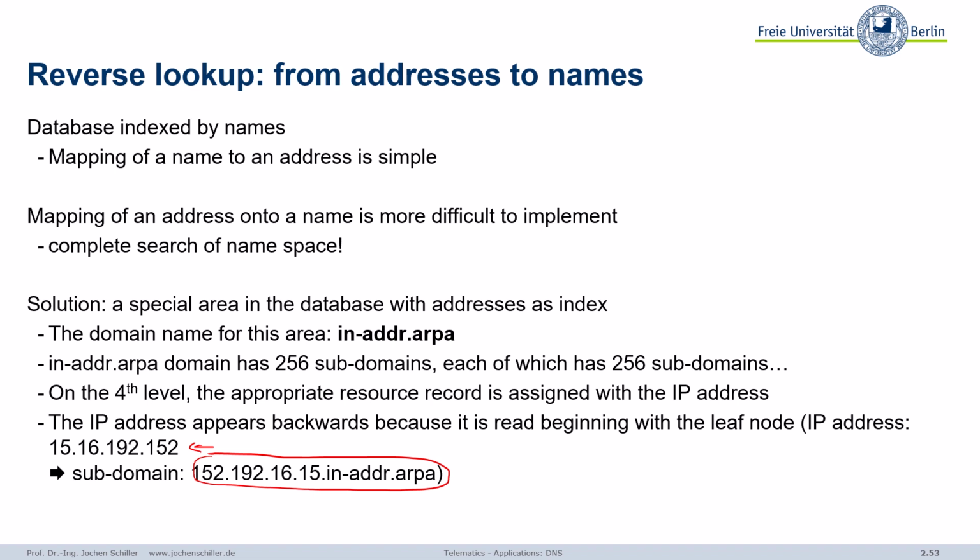So basically the names are the IP address in reverse, plus we add this in-addr.arpa. And for IP version 6, we have the ip6.arpa domain.